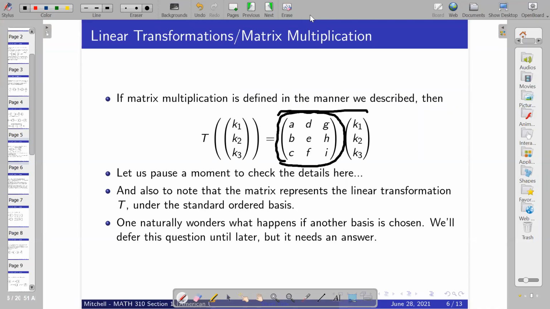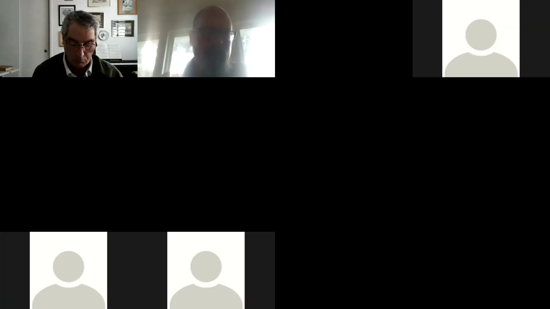All that you're really seeing is a description of how you move from a linear transformation to a matrix. When you use that matrix in such a way that you're multiplying vectors on the left by it, the effect is the same as plugging the vector into the linear transformation. The reason why you might be prompted to do this is because matrices and matrix multiplication are pretty easy computationally.